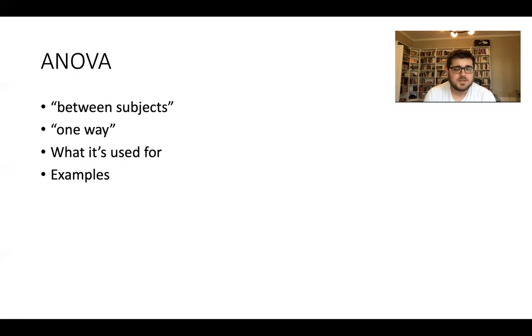We call it a between subjects ANOVA because this is a situation where you'd have 3 or more separate groups. This isn't the same group being tested at 3 different times. Each person contributes 1 data point in a between subjects design. Later, we're going to learn about other designs where people in your sample contribute multiple observations apiece.